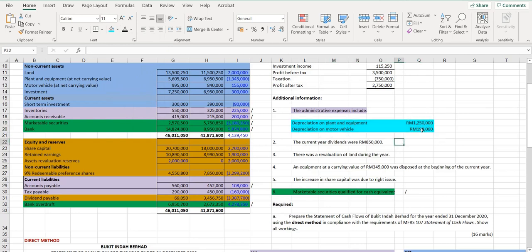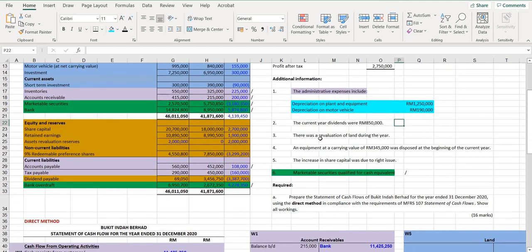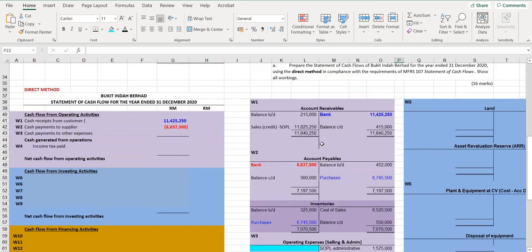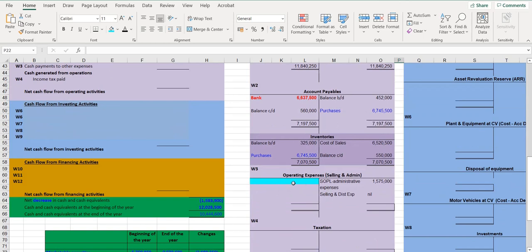So if you total this up, you would see that these are the non-cash expenses, because depreciation does not involve any cash. And that one would be reflected here, which is the total expenses from depreciation, 1440, and now you can total up.